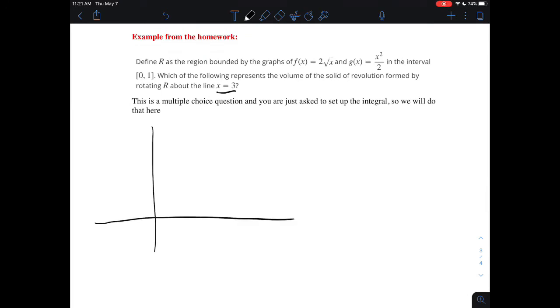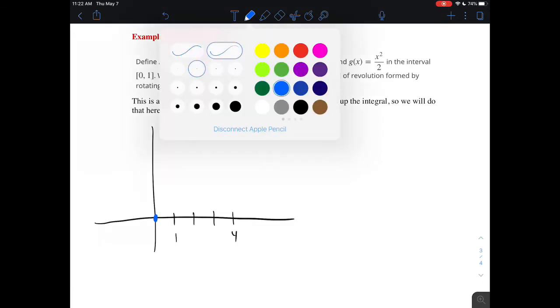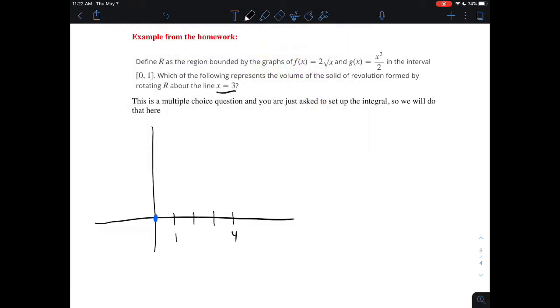just to see what I have here. So first f of x is equal to 2 times the square root of x. So I need to plug in some positive numbers into this. I'm going to go up to 4. If I plug in 0 to f of x, I just get 0 out. If I plug in 1 to f of x, then I get 2 times the square root of 1, so that's 2.